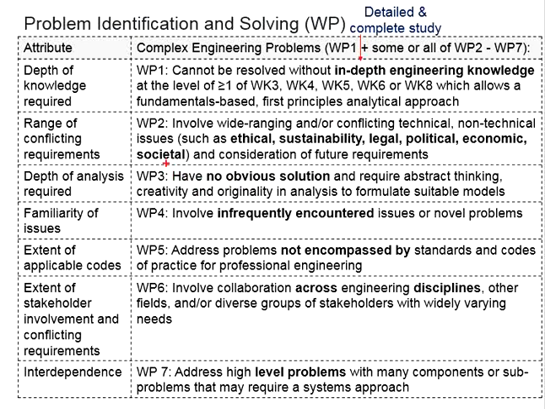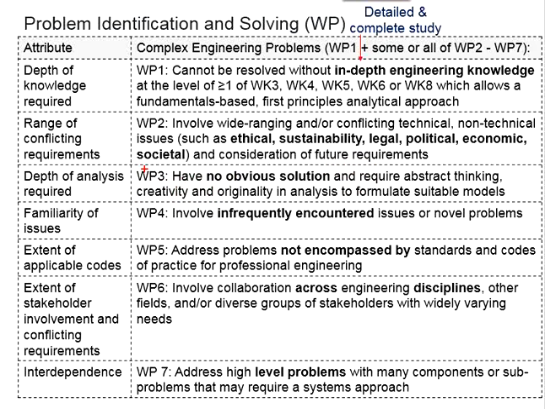You will see that having no obvious solutions is a part of the requirement. The second requirement will be require abstract thinking, creativity, and originality in analysis. That will be the second component. Now the term here is "and".